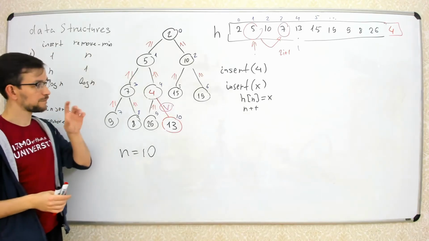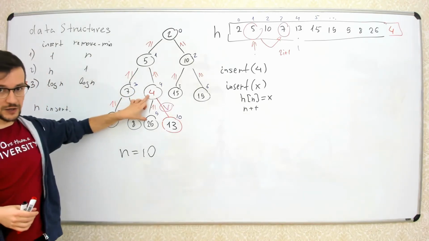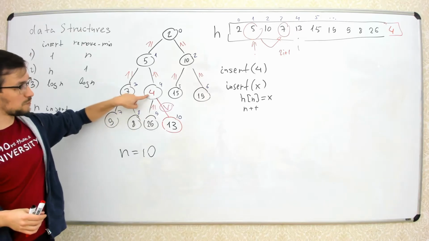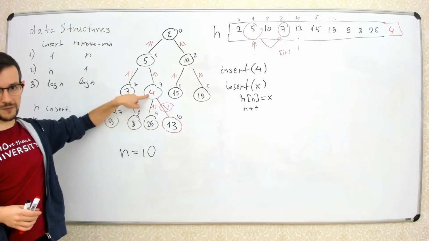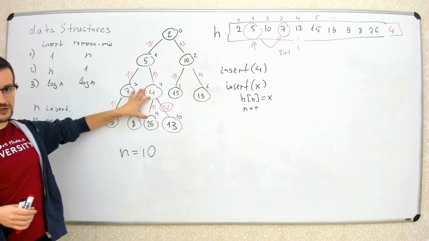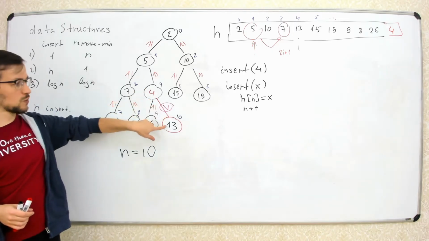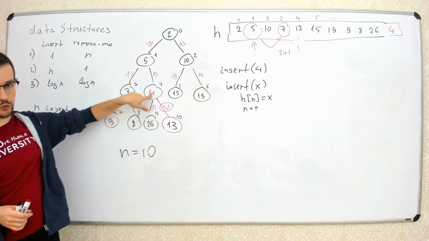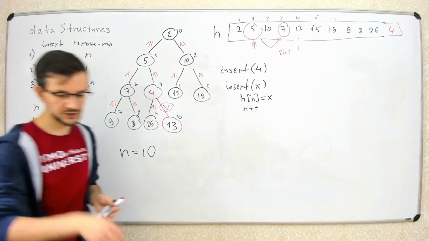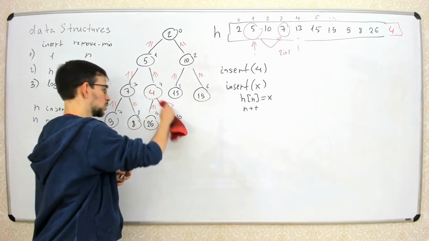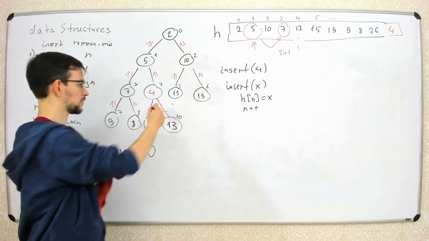Now what happens? This property is satisfied because we have a big element here and now a smaller element here, so this property is still satisfied. This property is now satisfied because we moved the smaller element up.